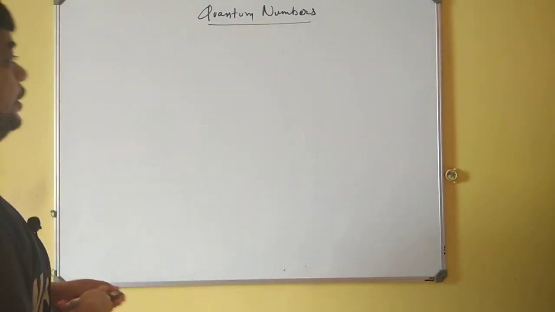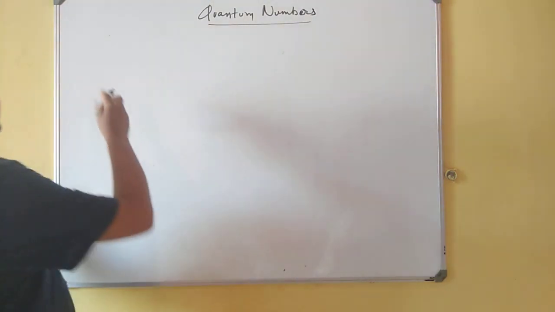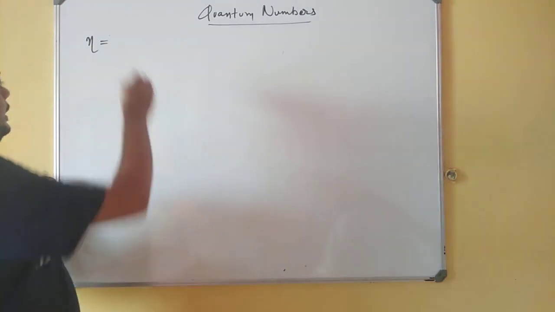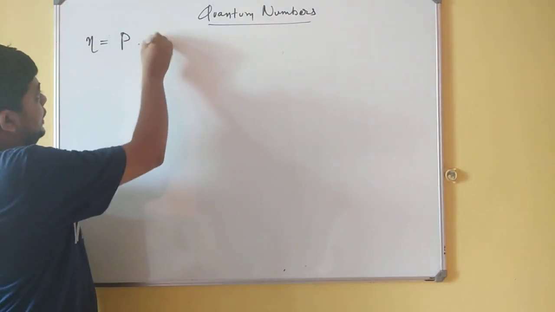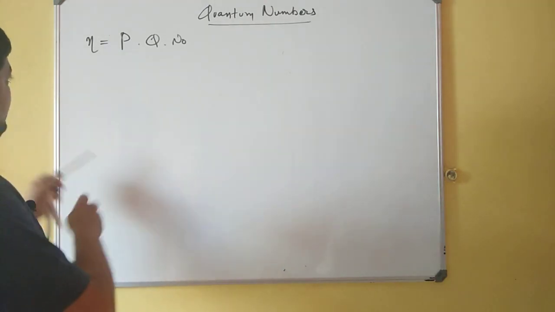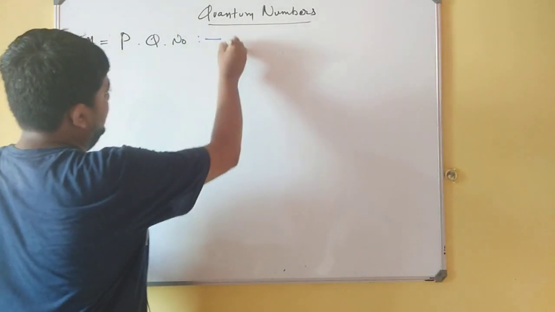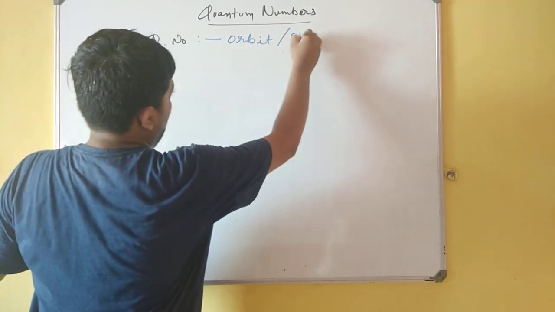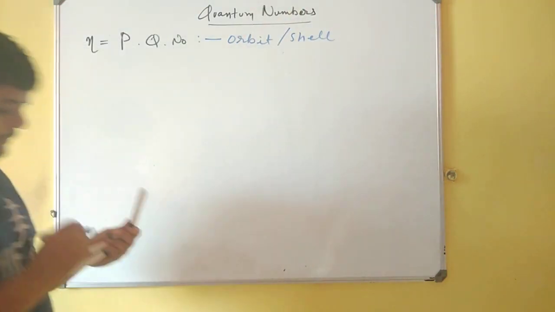So remember very well that n is the principal quantum number, and it helps in determining the orbit or shell.